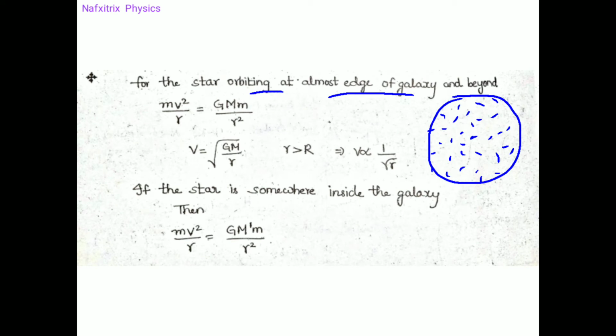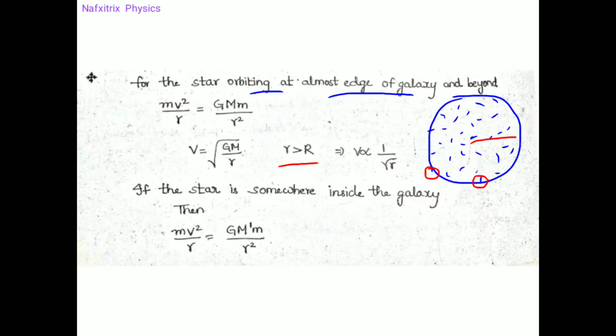For a star orbiting at almost the edge of the galaxy, like this, this is at the edge of the galaxy, or we can take a star which is almost outside of the galaxy. For this star, r is greater than R, where capital R is the radius of the galaxy.